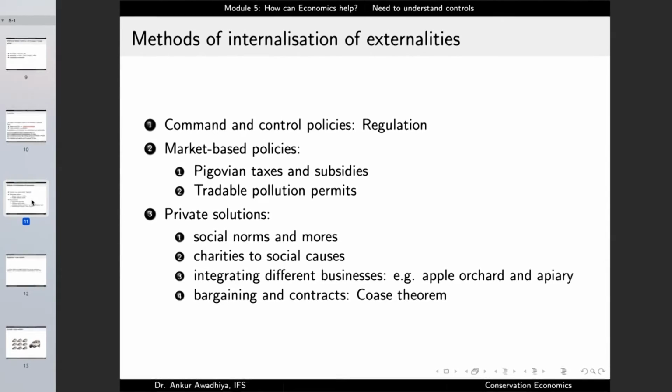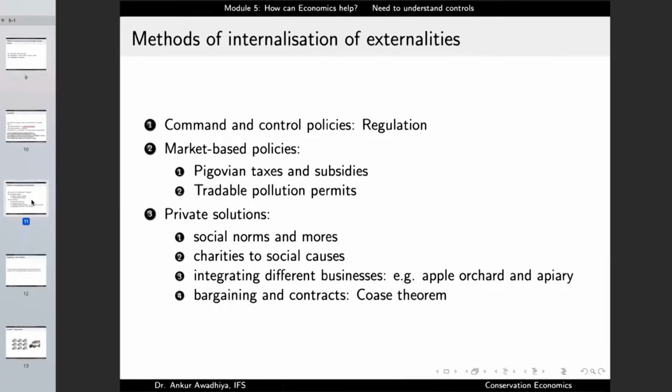Now, the first option is a command and control policy, in which case the government has a big role. So, in the command and control policy, such as regulation, the government would say, okay, no matter what happens, we are only going to permit an industry to be set up if the industrialist gets this pollution controlling device installed. Otherwise, there is no permission at all. So you cannot set up an industry till you agree to install the pollution controlling device. So this is one way of internalizing the externality.